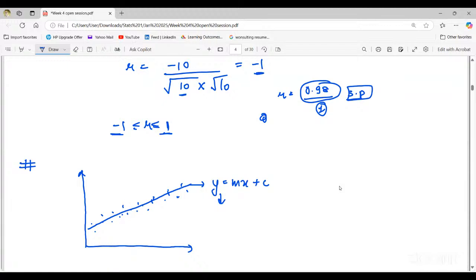Right? So where my y is? Y-axis points. Response variable. Then what is m? Slope. What is x? Explanatory variable. And c is? Intercept. Correct. So basically, I can describe a linear association through an equation of line.